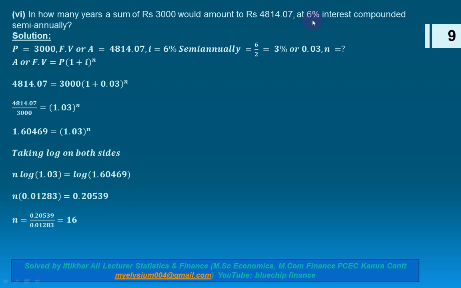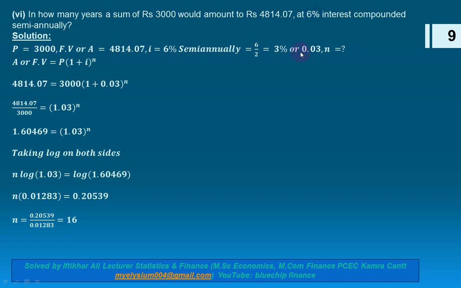So 6%, there are two periods of 6 months each in 1 year. So 6% is divided by 2, which will become 3% for the semi-annual, because interest rate is always given in annual term.